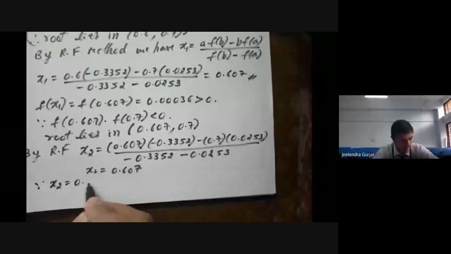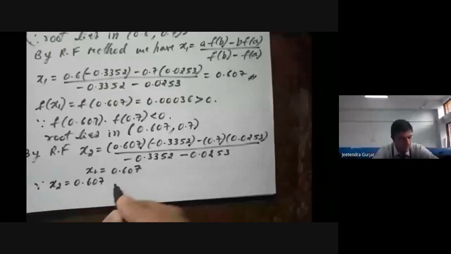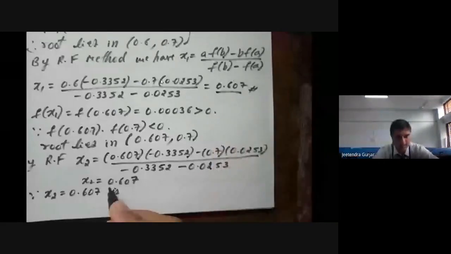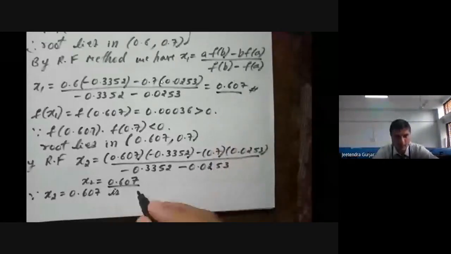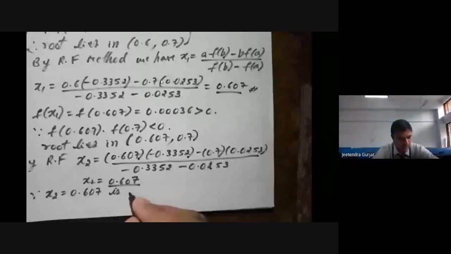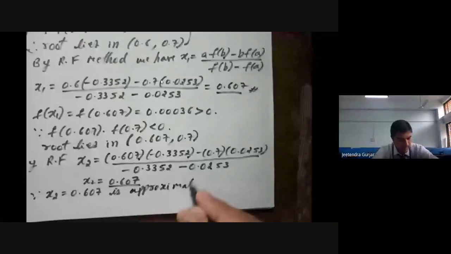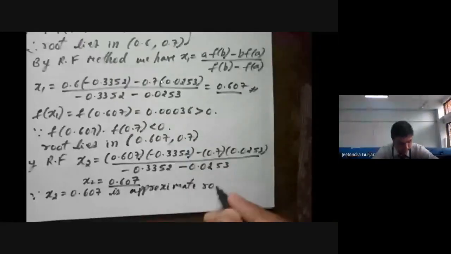It is 0.607. Now you can compare: x2 is equal to 0.607, so you can see x1 having the same value, x2 having the same value. So the 3 digits are equal in 2 iterations, then we finish, we don't go for the next iterations. This will tell you the approximate root of the given equation.